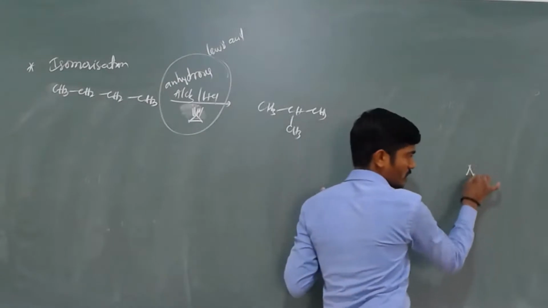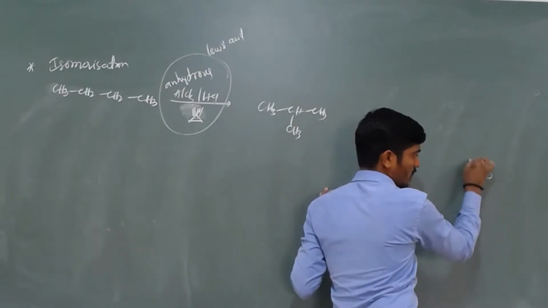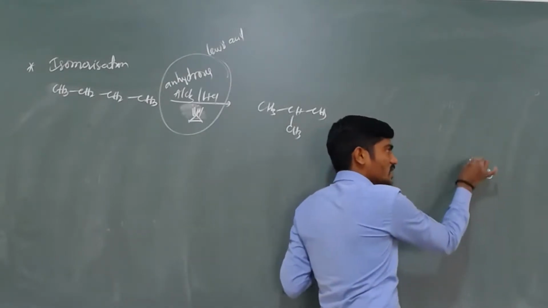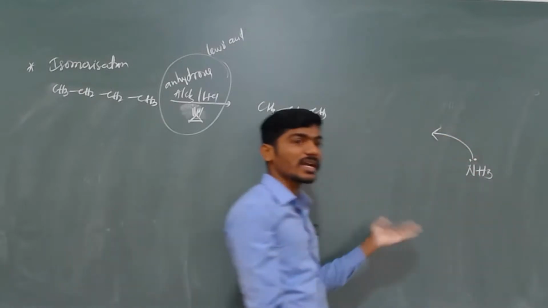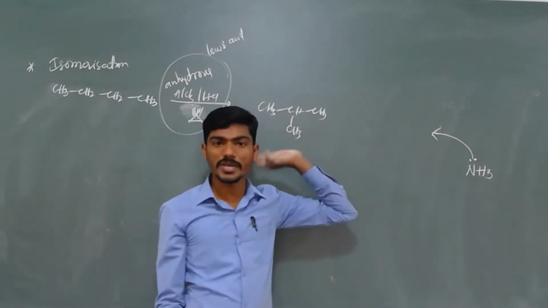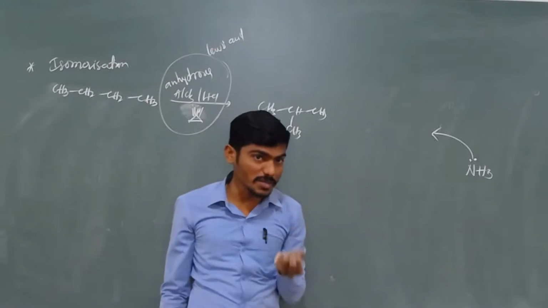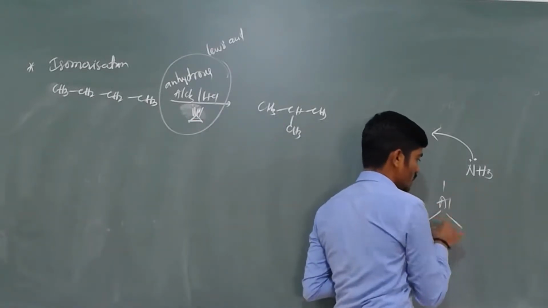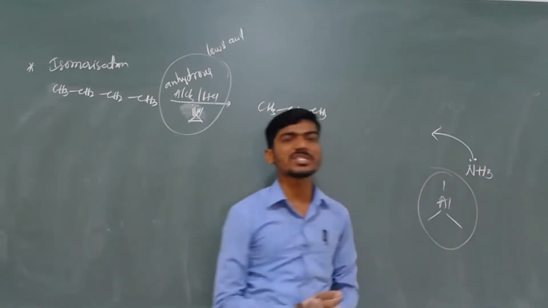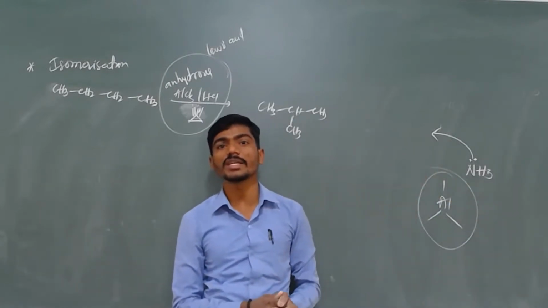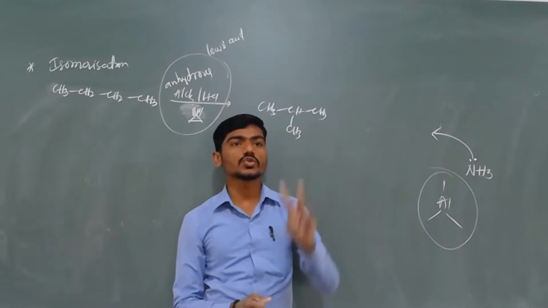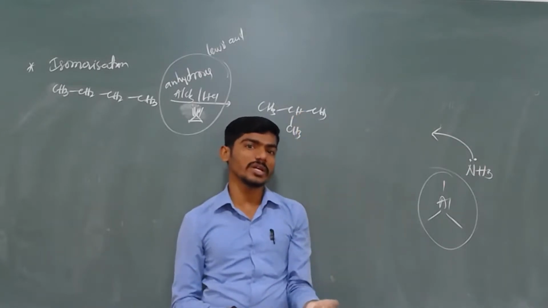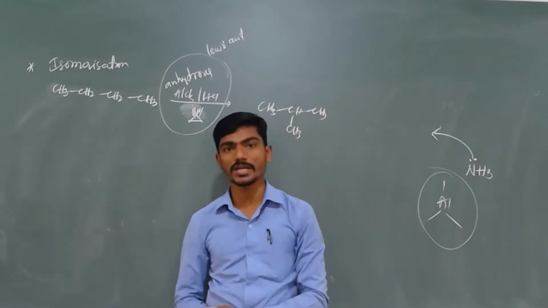Ammonia is a base. NH3 contains a lone pair and has a tendency to give electrons. Electron donors are called bases. Electron acceptor, for example AlCl3: around the aluminum only 6 electrons are there, an incomplete octet. It is 2 electrons deficient to complete the octet, therefore it has a tendency to take 2 electrons.